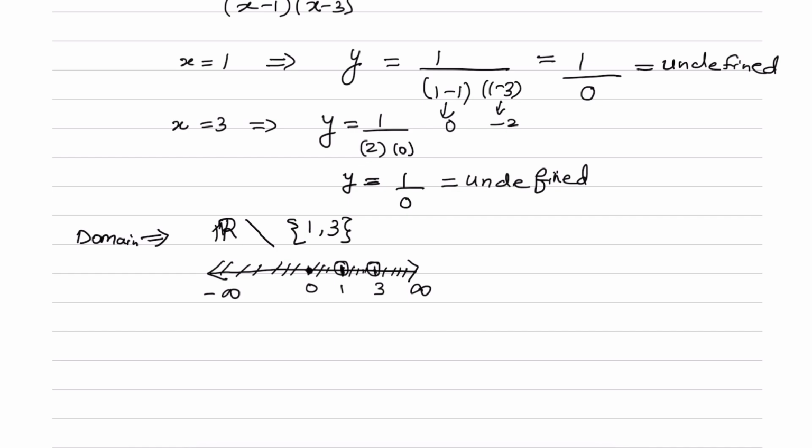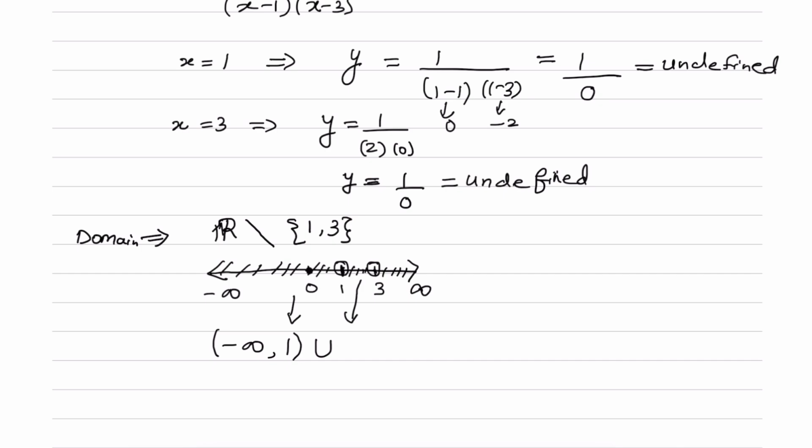So let's put this in the form of intervals. The first part is from minus infinity all the way to 1, and 1 is not included, so an open bracket. Then the middle part, and we will combine them by using the union.